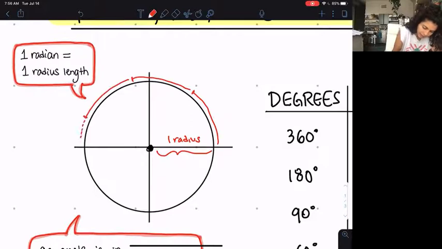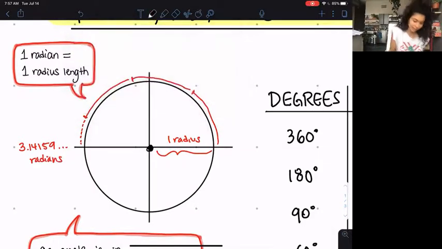And in fact, to go exactly halfway around the circle, it would be 3.14159 radians. That number should look familiar. That is the approximated value of pi. So therefore, the angle that opens us up halfway around a circle is actually just pi radians.